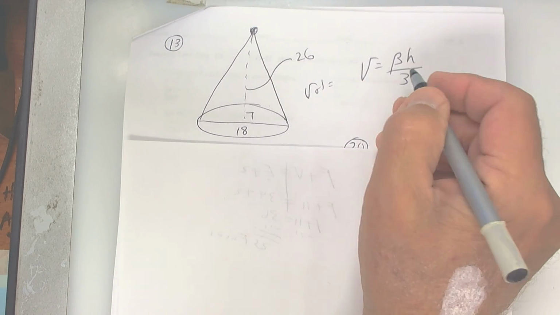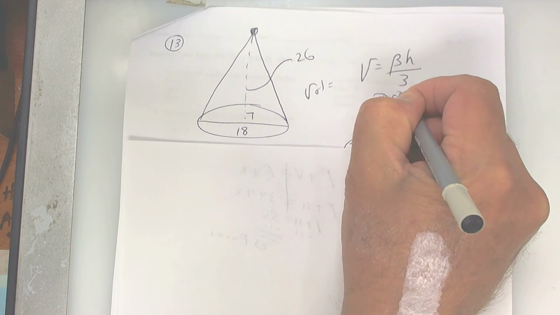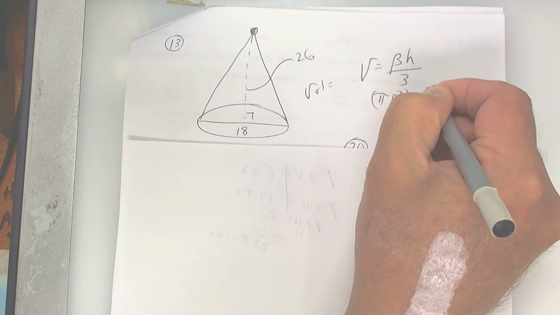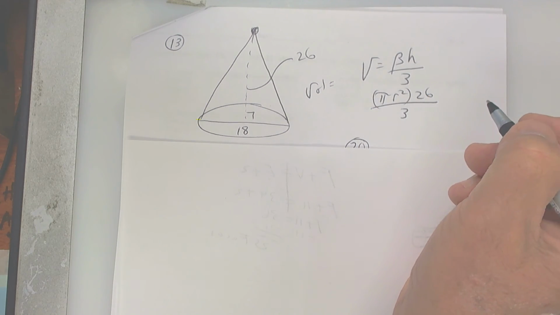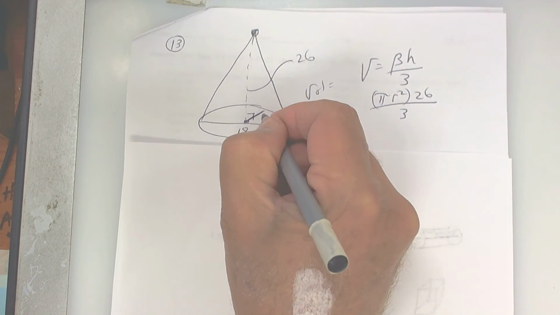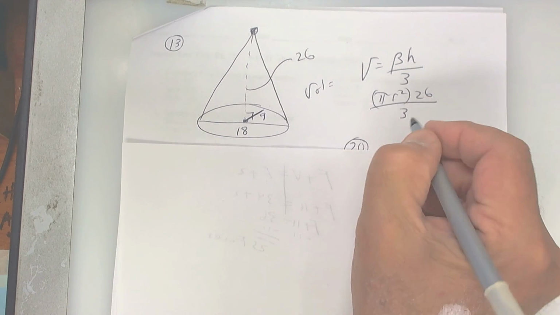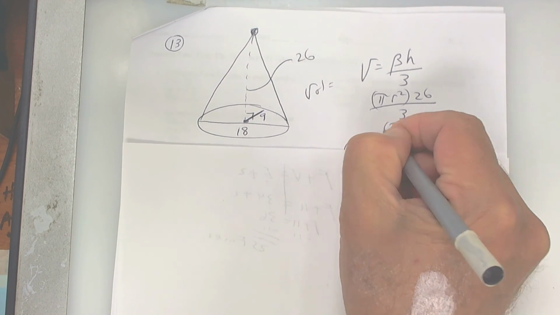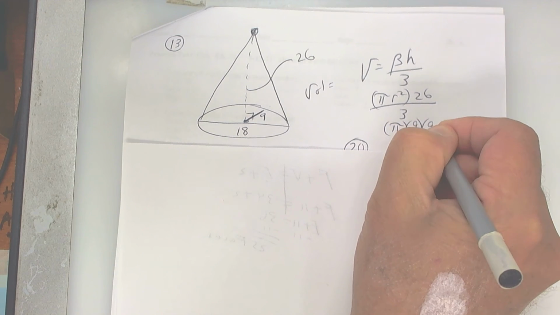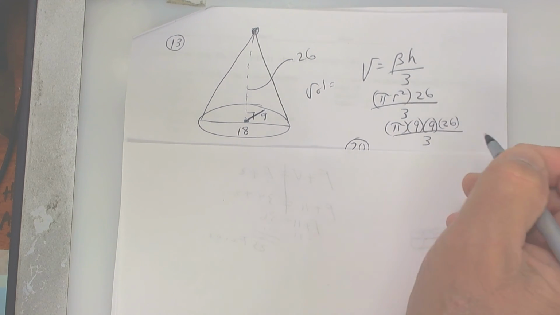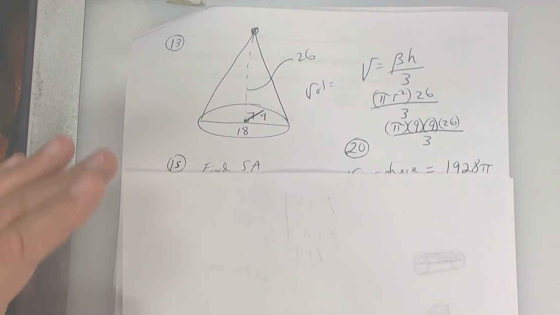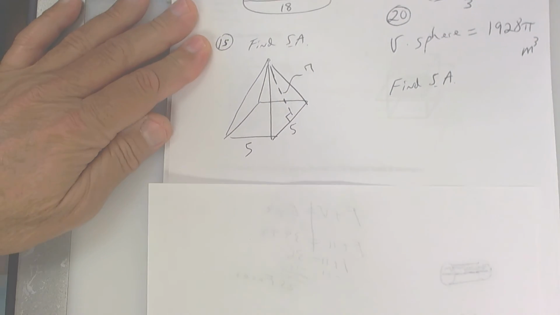So the bottom is a circle, so it's pi radius squared times the height, which is 26, divided by 3. And remember, the radius is 9, so it's going to be 9 times 9. So it's pi times 9 times 9 times 26 and divide by 3. Use your calculator and get that answer. Let's go to number 15.